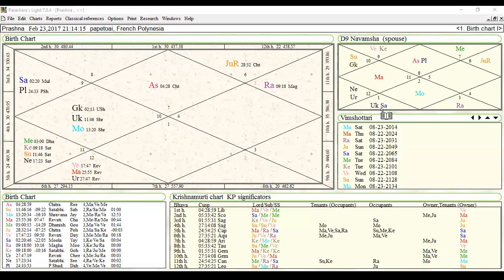I have debilitated planets. I can tell you from my own experience that when you have a debilitated planet, you feel the world besets you. You are at the mercy of the world more than the world being at the mercy of you. When you have an exalted planet, it's you who affects the world.